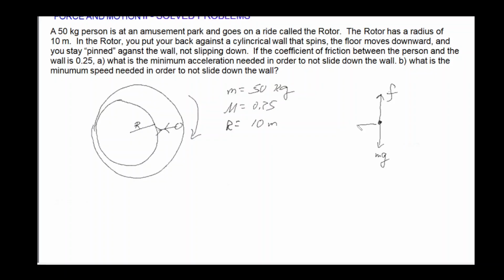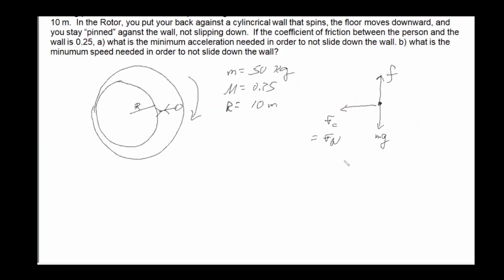And in the centripetal direction, you actually have the centripetal force, which in this case is equal to the normal force. So if we write down these equations, centripetal force is equal to mass times acceleration, which is also equal to the normal force. So that's equal to mass times v squared over r.